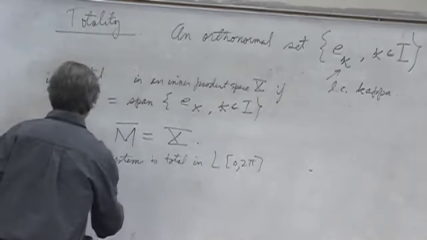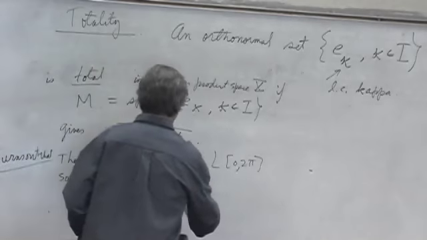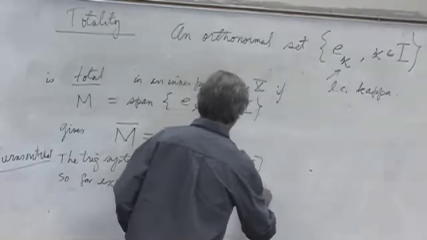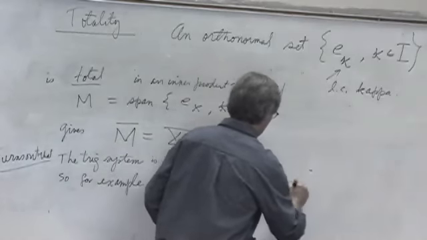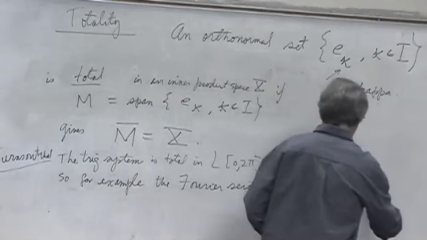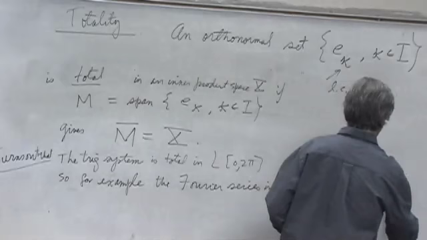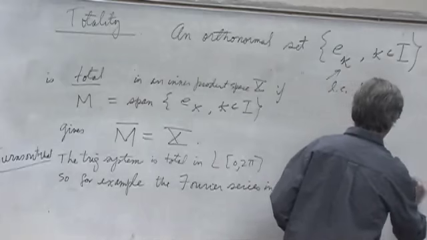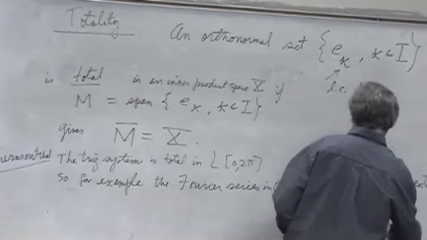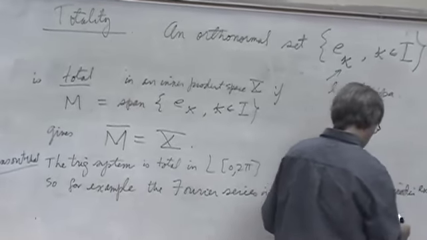So for example, the Fourier series, which I didn't have time to develop here in the notes, for x of t equal the periodic extension of the function of, let's see, what did I take?